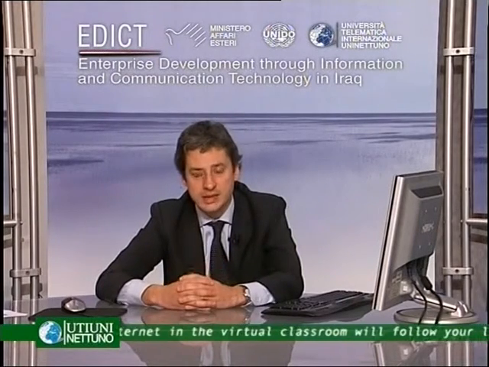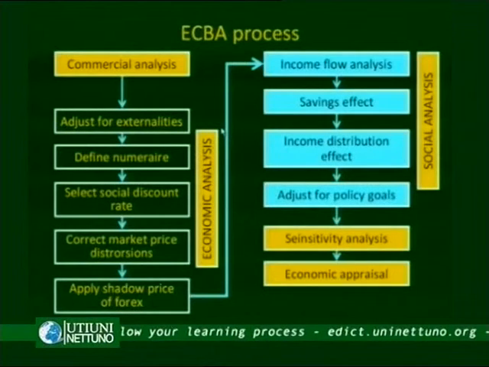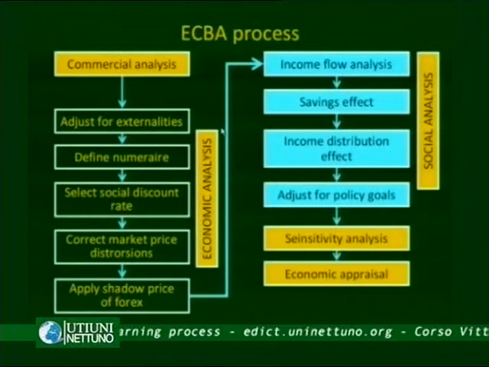If we are in a country that has problems of imbalances and inequalities between social groups, regions, and so on, the social analysis could become a relevant objective, and so a relevant part of the CBA, and so I have a weighting of the income that accrues to the different social groups, and this different weighting will clearly modify the final result of the project in terms of economic cost benefit analysis.